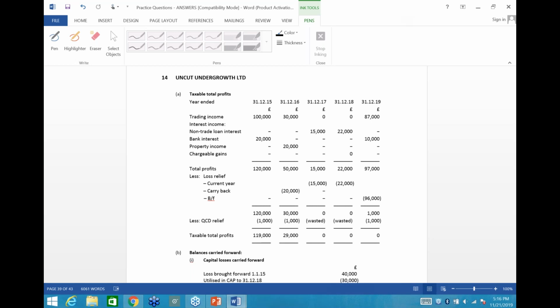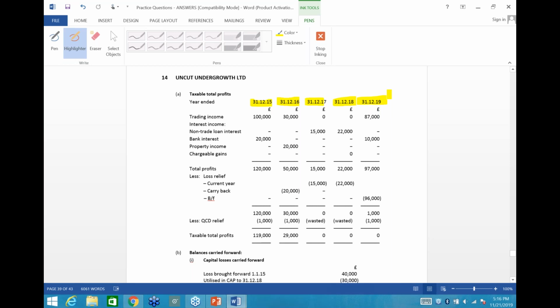So we have been given the periods of accounts, the chargeable accounting periods: years ended 31st December 2015, 16, 17, 18, and then the forecast results for the year ended 31st December 2019.